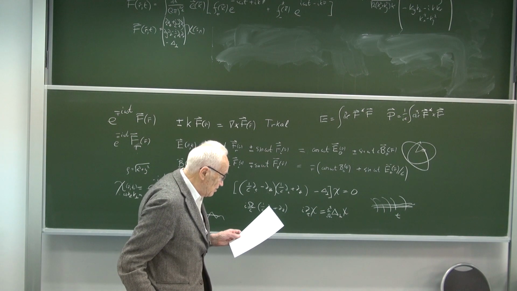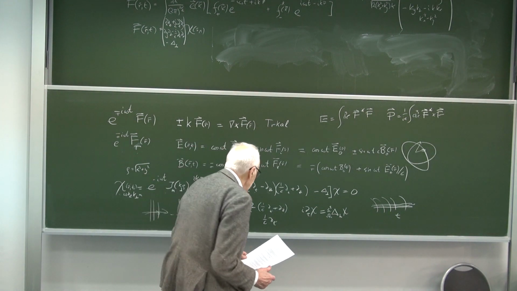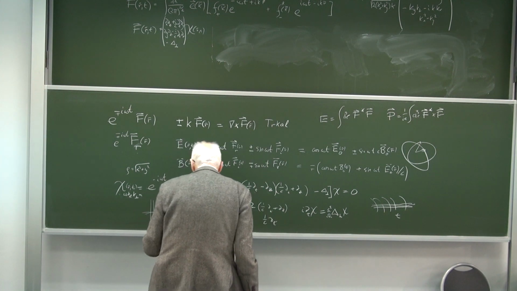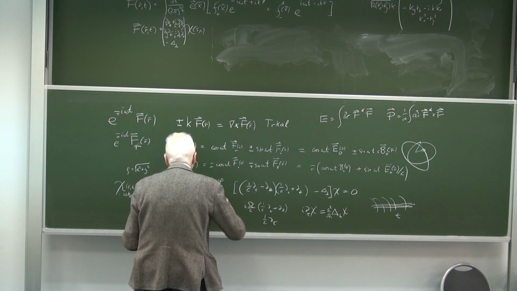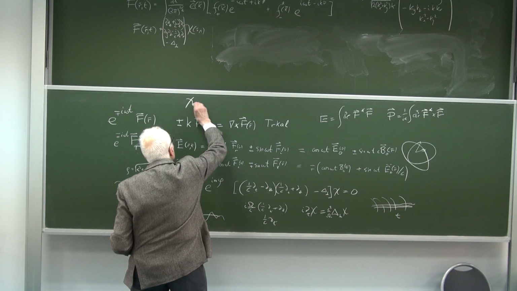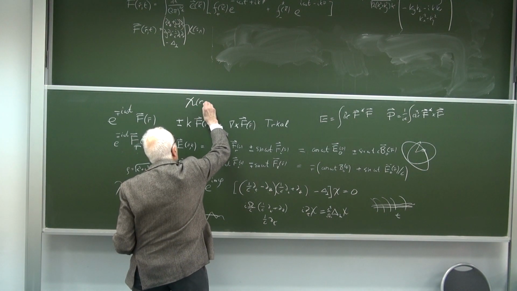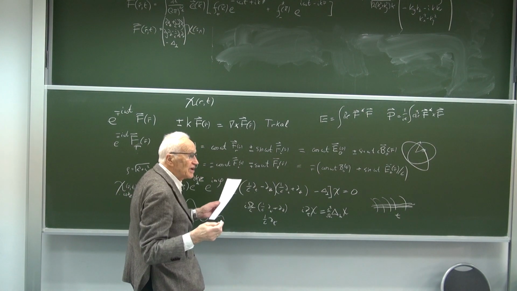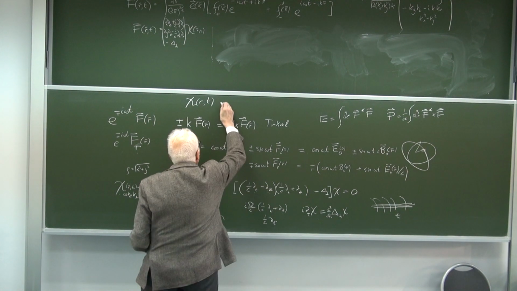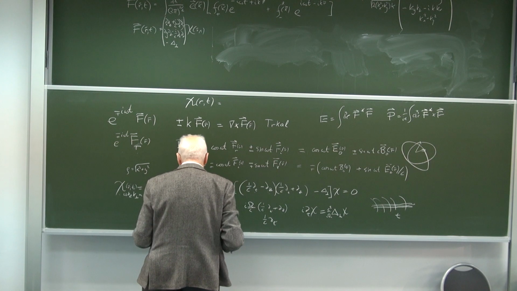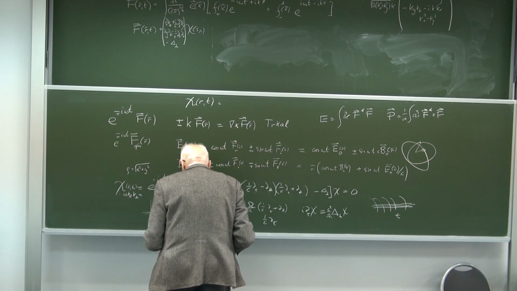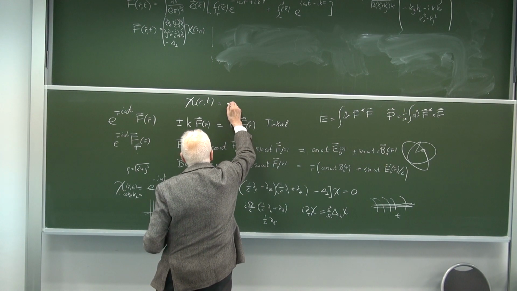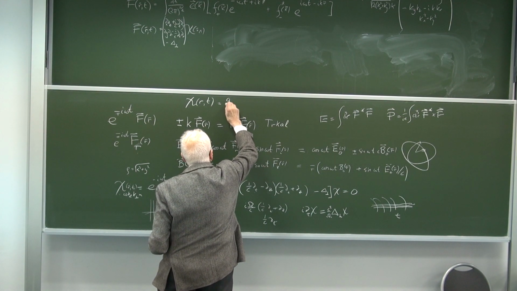One more remark on constructing solutions is the following. You can take this chi function as a function of r, the length of the vector r. So this will be a spherical wave. And in order to make this a solution of Maxwell equations, you can do the following trick.